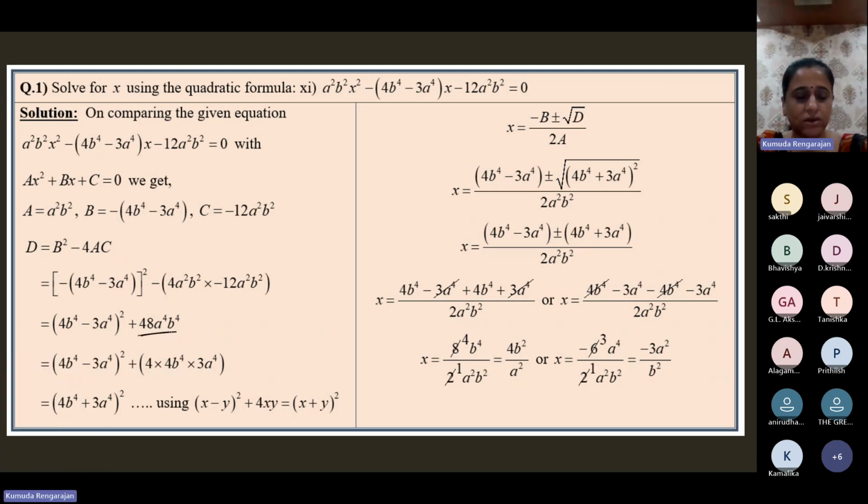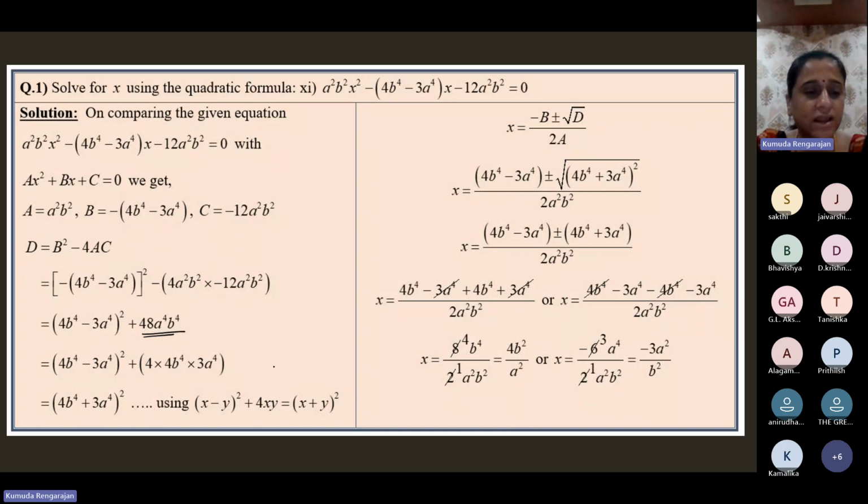So 4 4 is 16, 16 3 is 48. Yes. Then a to the power 4, b to the power 4. Yes, perfect. So you can write 48 a to the power 4, b to the power 4 as 4 into x into y like this.